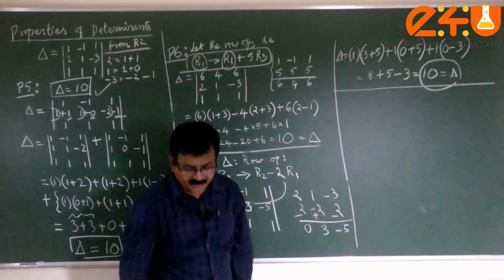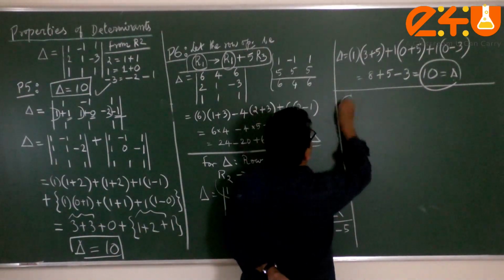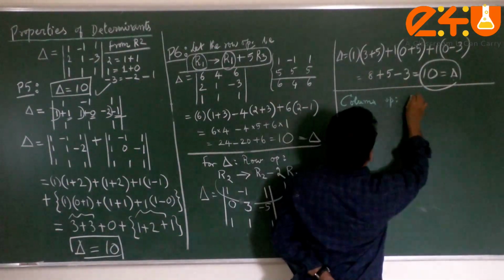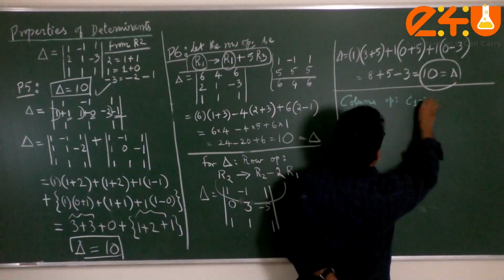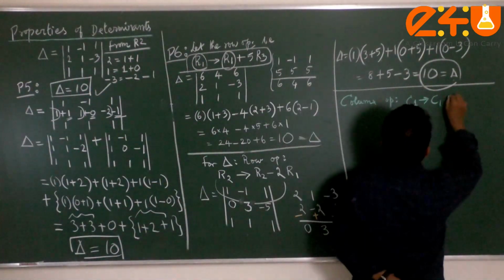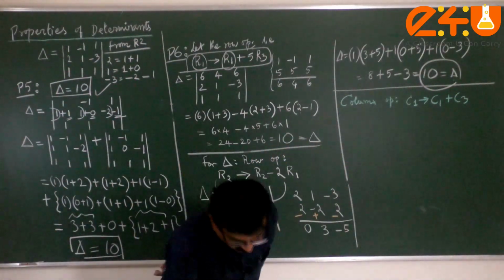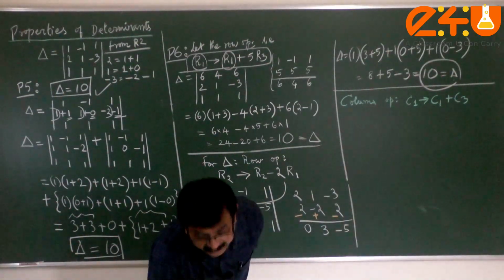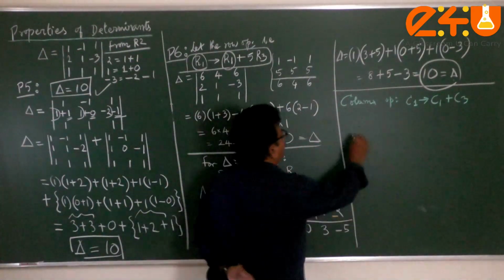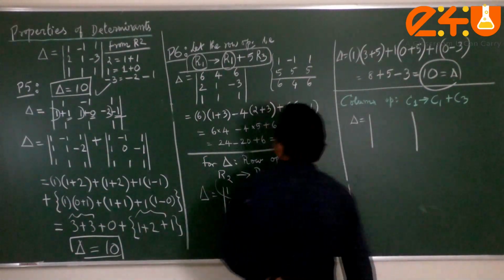Let us execute it by means of a column. So make it a column operation now. Let us take column 1, and replace it with C1 plus C3. When I say multiply, why always select a multiplier other than 1? Let me take the multiplier as 1. Now, delta: I have not made changes in C2 and C3.